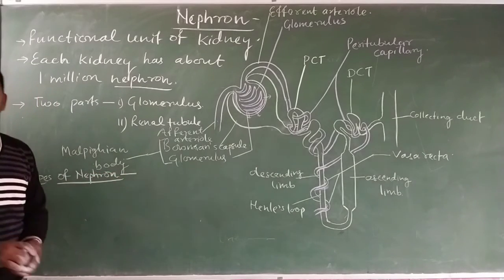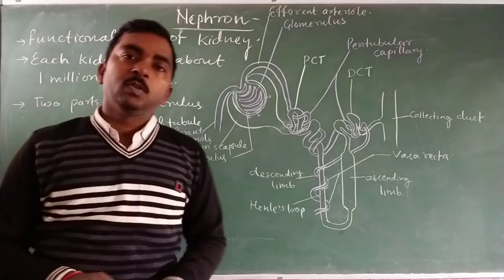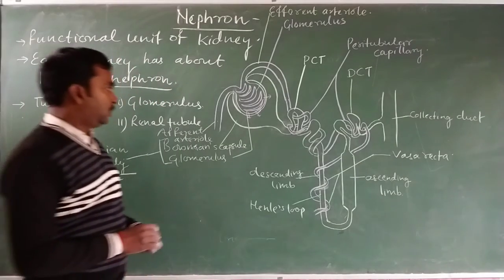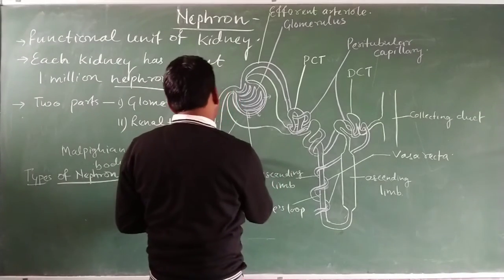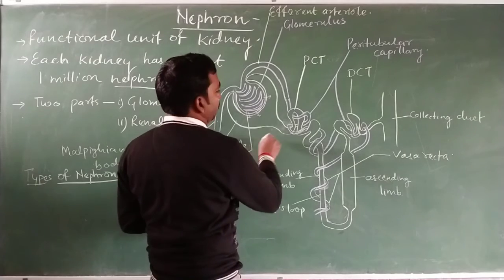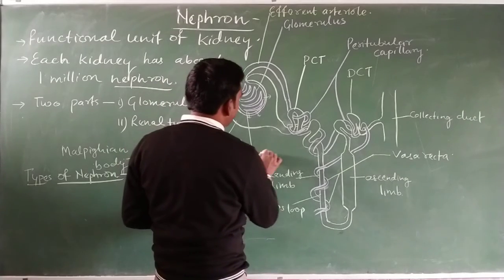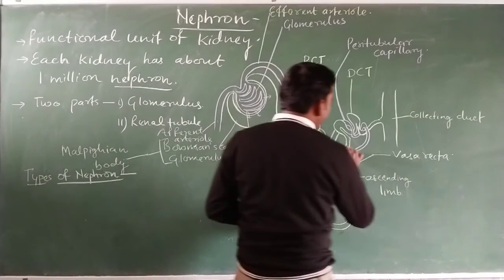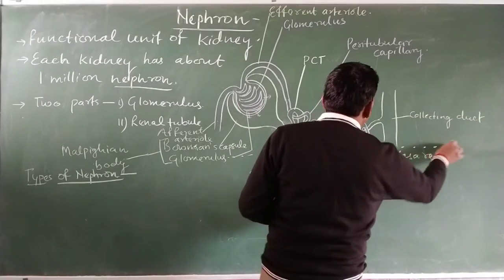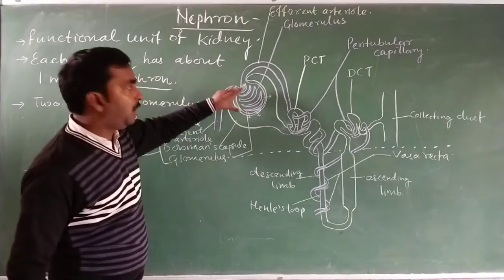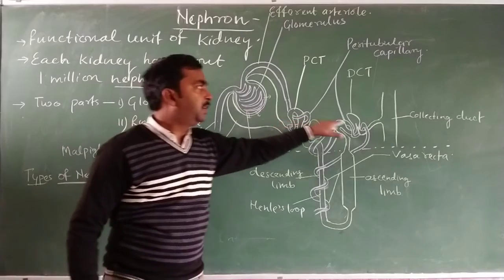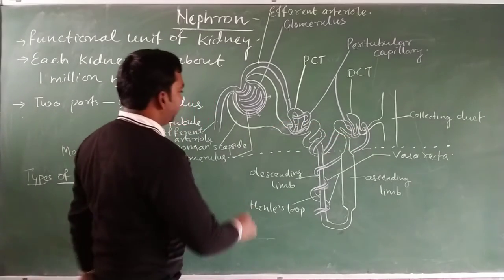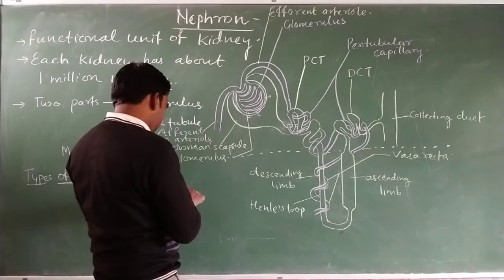So the nephron can be divided into two regions. Here we can differentiate the parts of the nephron, especially the Malpighian body along with PCT and DCT. They exist in the cortex region.